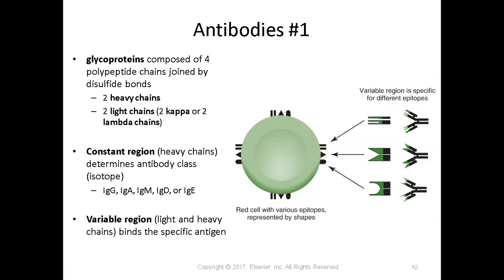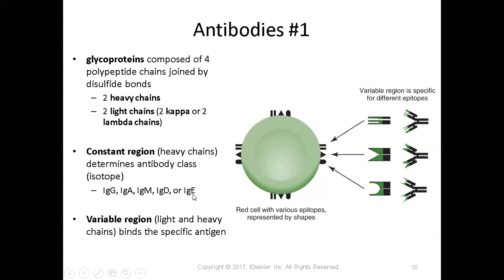Within the antibody molecule itself, there are areas called constant regions, and these correspond to areas of the heavy chains. This is what determines the class of antibody that we're dealing with. In the literature, you may hear antibody class referred to also as an isotype. There are basically 5: IgG, IgA, IgM, IgD, and IgE.